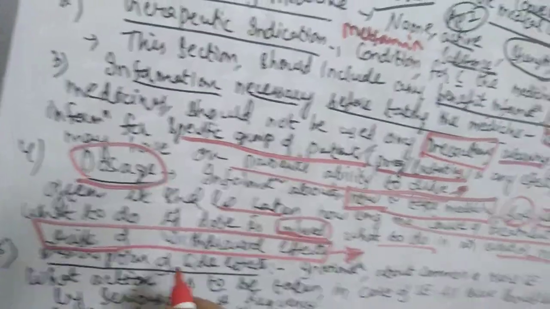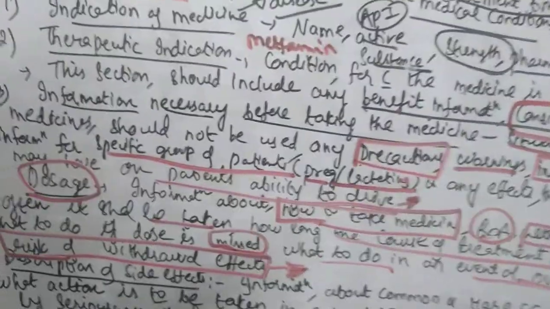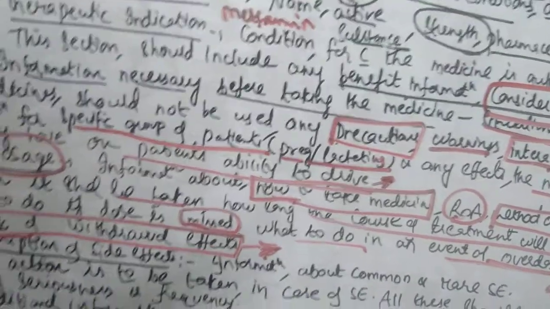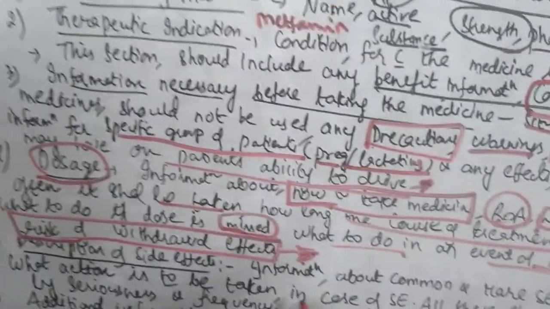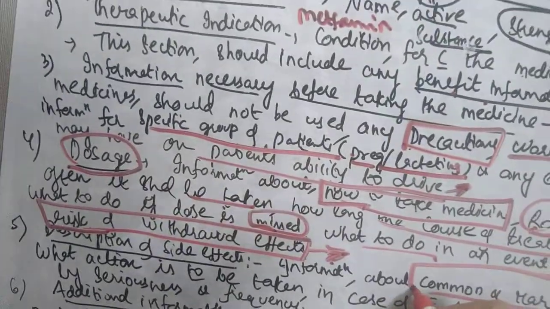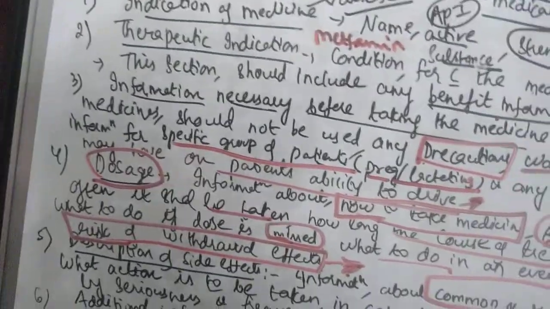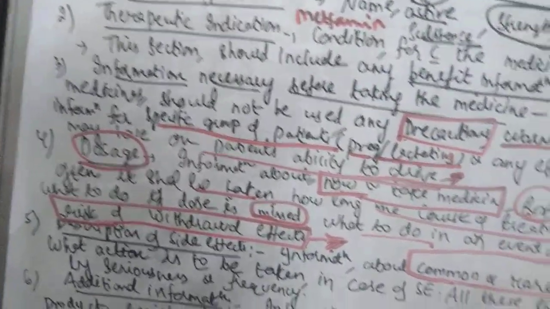Next, description of side effects. This is also discussed in patient counseling. Here the information about the common and rare side effects should be discussed. Information about the common side effects which are generally observed, and rare side effects which are rarely observed in a few complicated cases, will be mentioned in the patient information leaflet.